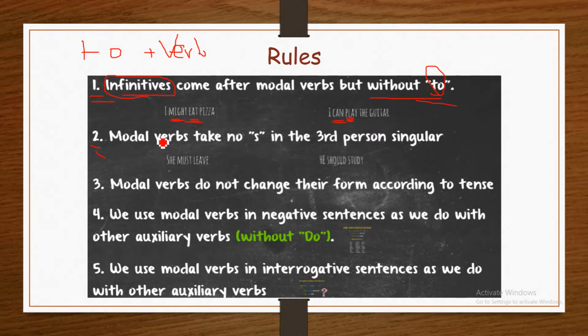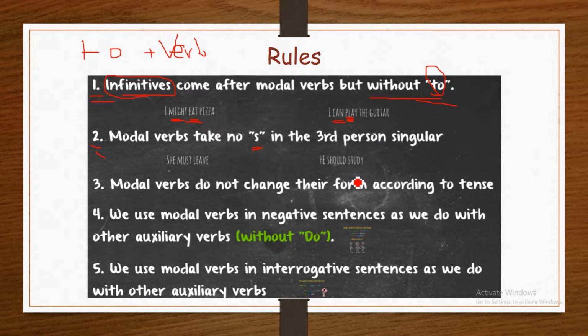Number 2: Modal verbs take no s in the third person singular. In present simple, for singular subjects, you have to add s to the verb. For example, she likes, he likes, it likes.